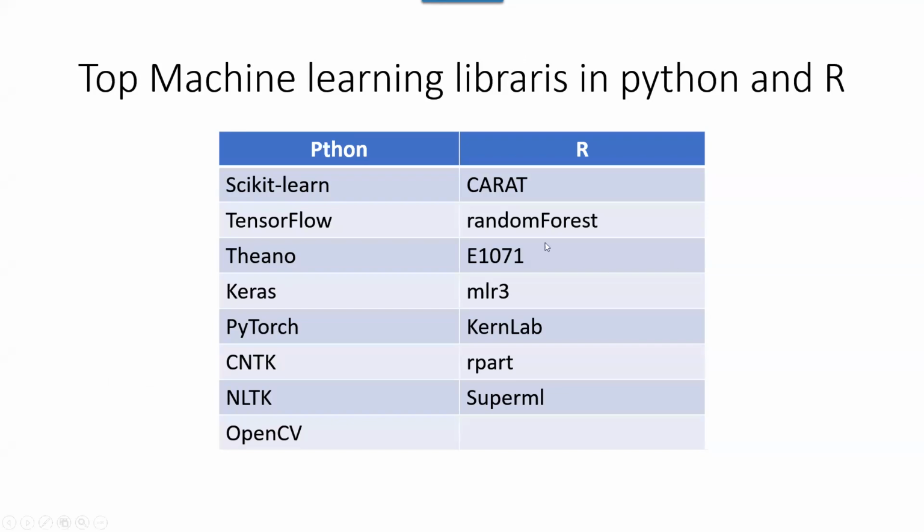In R, we have caret, for classification and regression techniques, randomForest, for regression and classification, e1071, a machine learning package, mlr3, machine learning 3, kernlab, RWeka, and others. These are machine learning packages.